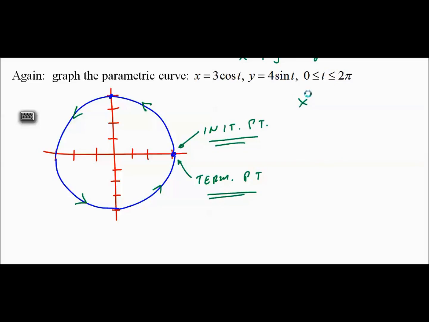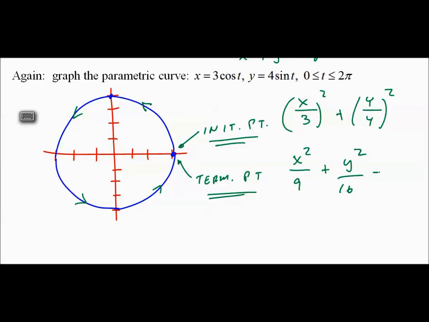What is x squared over 3 squared plus y squared over 4 squared going to be if I plug these x and y's in? They're going to cancel. You're going to get 1. You're going to end up with x squared over 9 plus y squared over 16 equals 1.